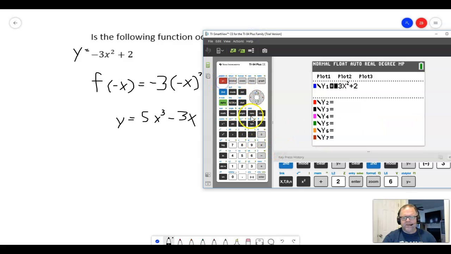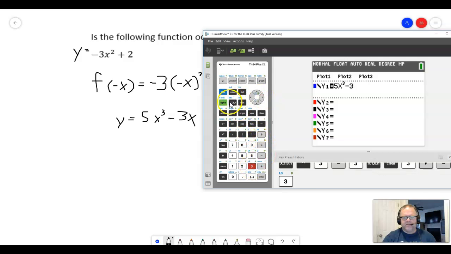So I go back to y equals, let's clear this one out, and we have 5x cubed minus 3x. Oops, cubed, I forgot to push that, minus 3x.